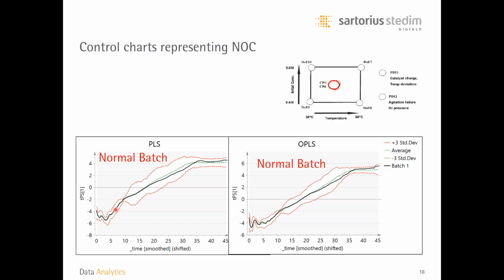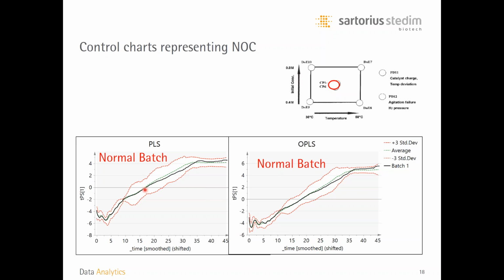The green dashed line is the average of the 6 normal operating condition batches, the lower and upper red dashed lines correspond to plus minus 3 standard deviations, and the solid line is then one of the batches, how it has evolved.